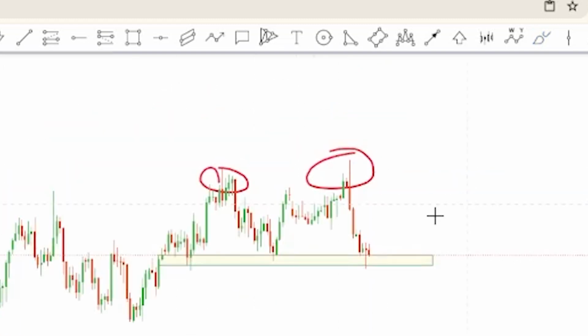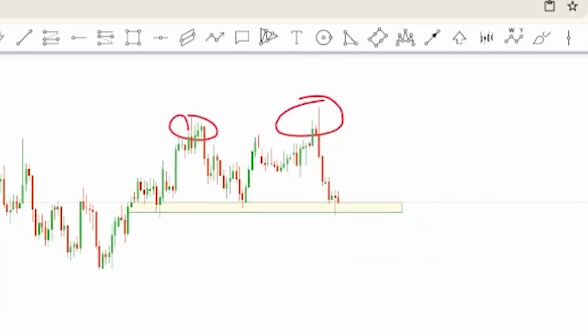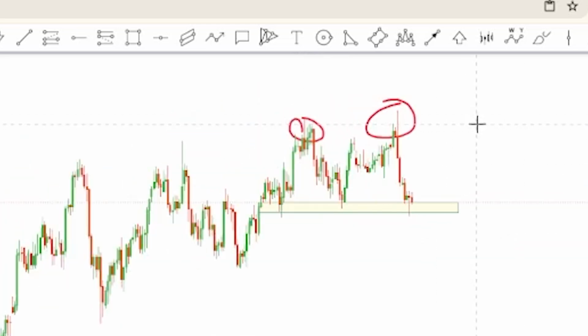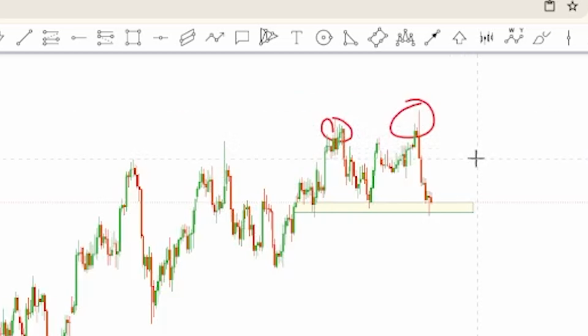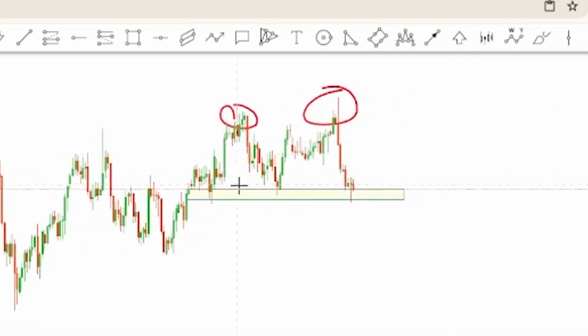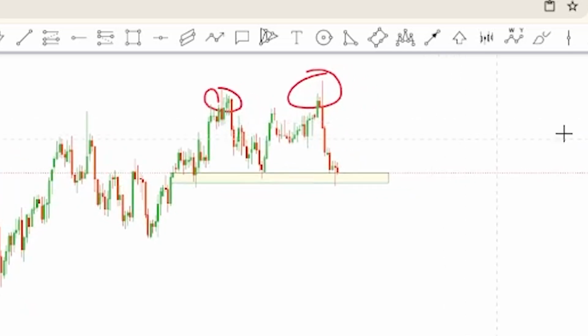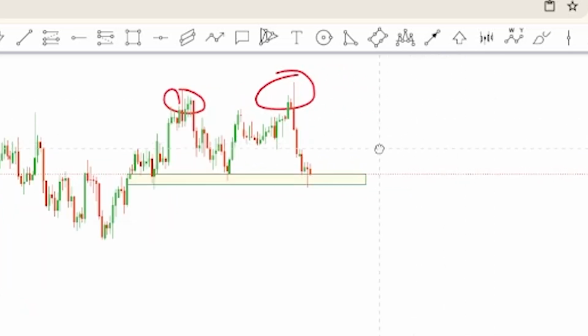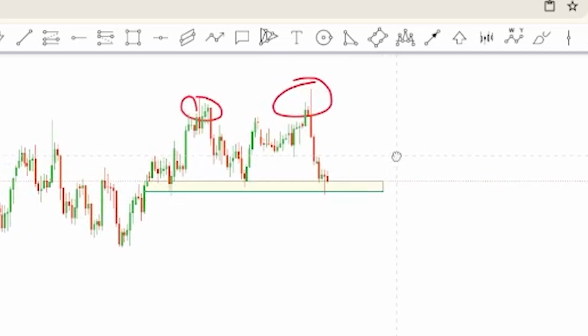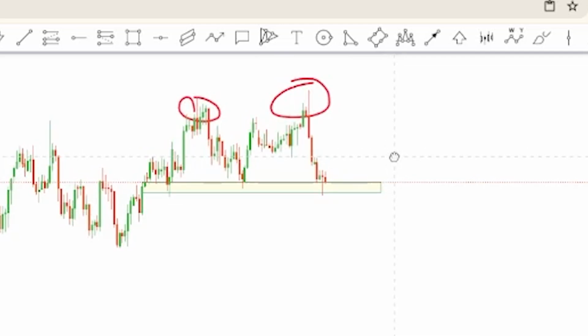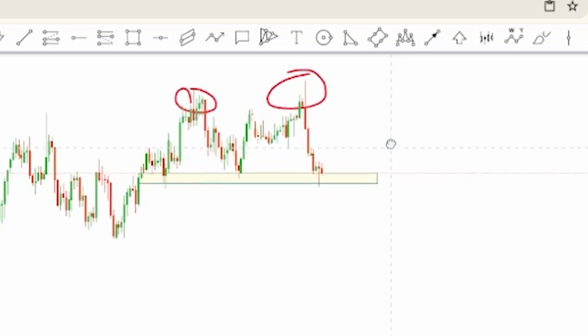Now we are rejecting from the neckline, so what we need to see is that we start making a lower low by breaking the previous low, which is the neckline. When we break below the neckline, remember, we talked about how you can trade a breakout with a target equal to the size of the formation of the double top.